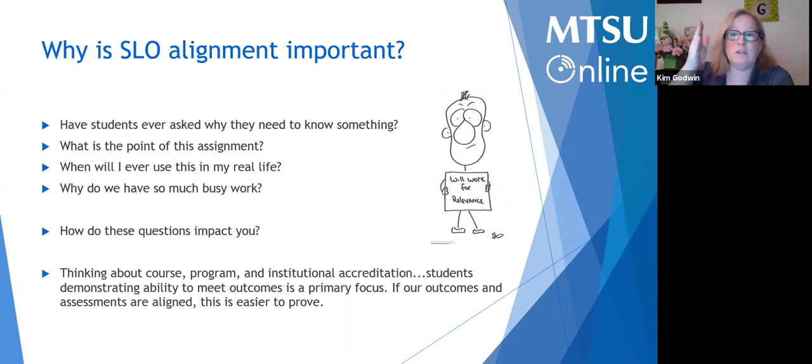If you think about those things going into your class, it actually makes it easier to do some accreditation things at the end. So not only does it help with student understanding and student response and engagement and purpose of activities, it also helps you with some of those other things that you have to do, whether that be part of your faculty activity report at the end of the semester, or something to do with department-wide accreditation.